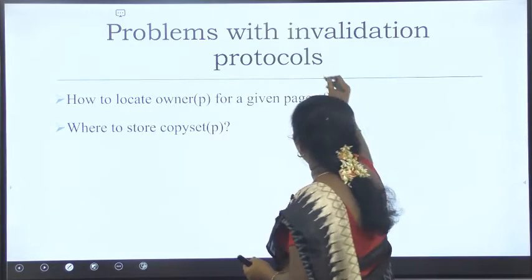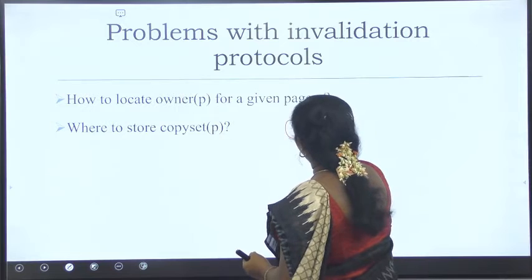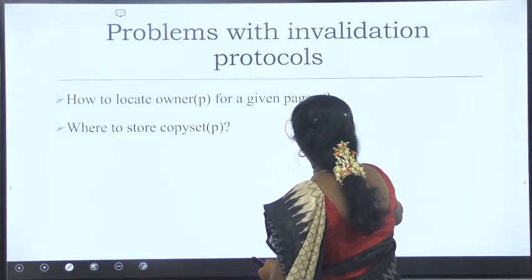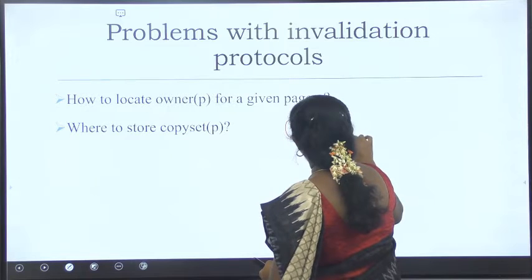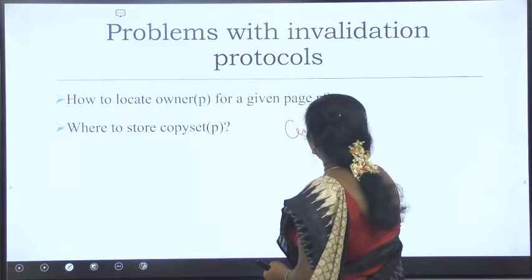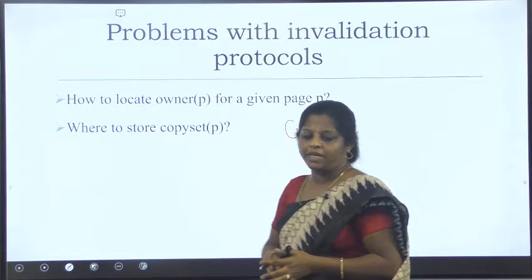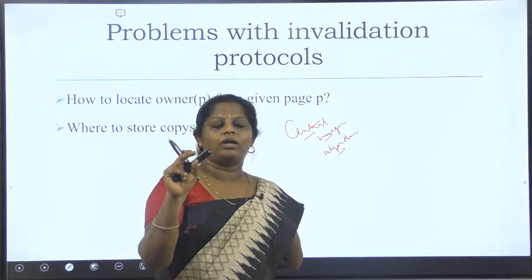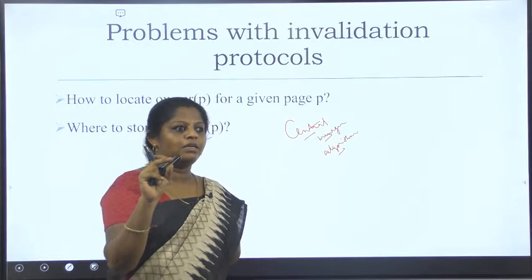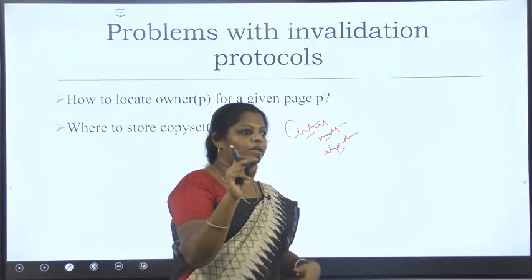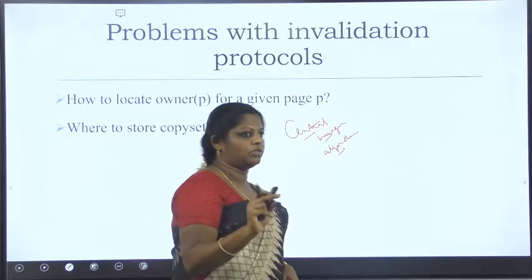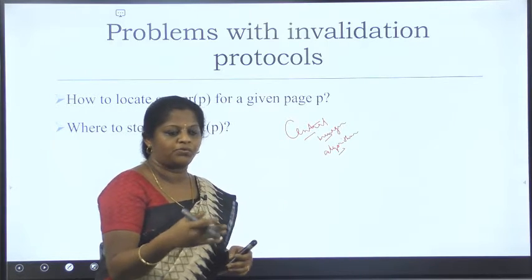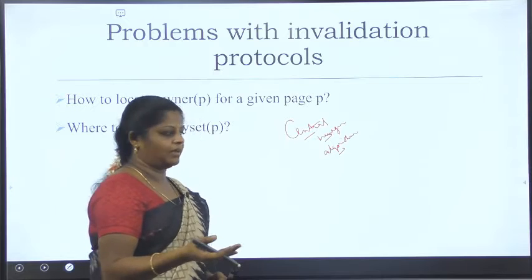Previously we couldn't know which process is going to be the owner of a particular page. There is no single entity monitoring all of this, and that is where the read page faults and write page faults occur.